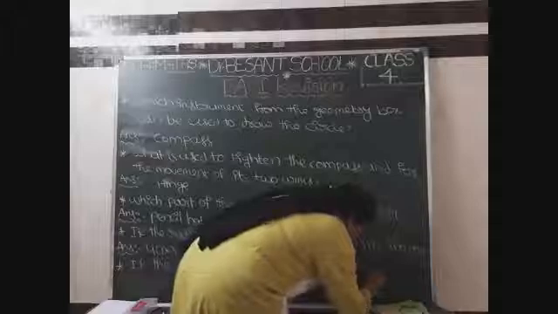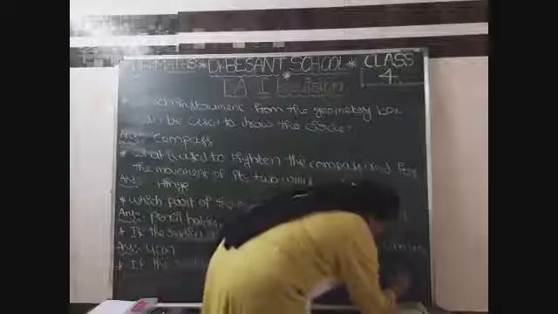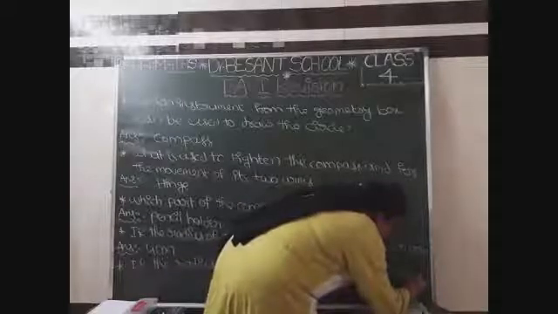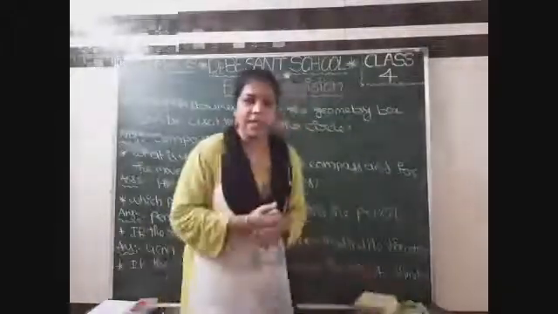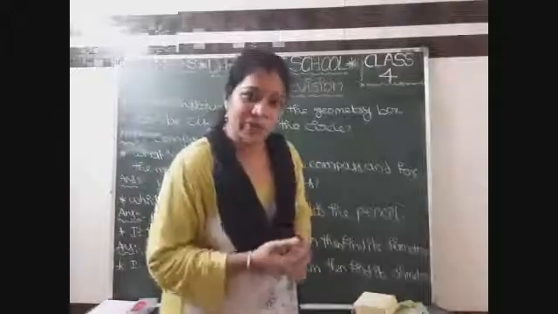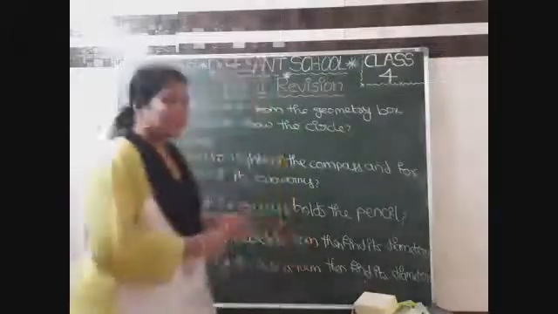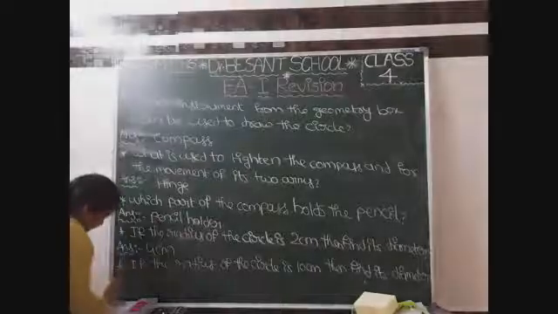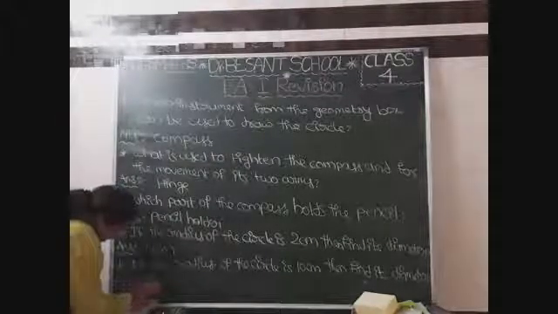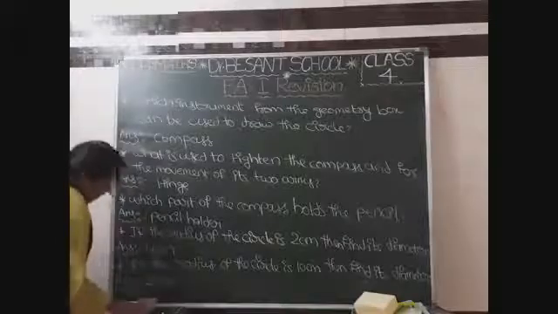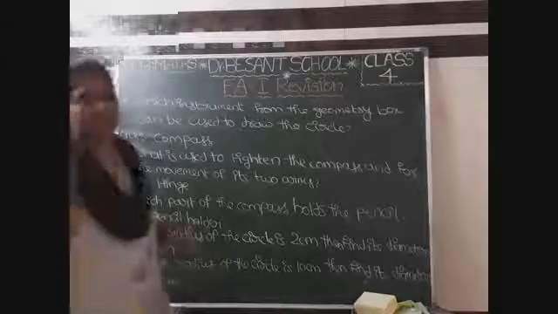Say children, the radius value is 10 centimeters that I have given now. What will be the diameter value? 2 10s are 20 centimeters. Very good children. Answer is 20 centimeters. 20 centimeters is the correct answer.